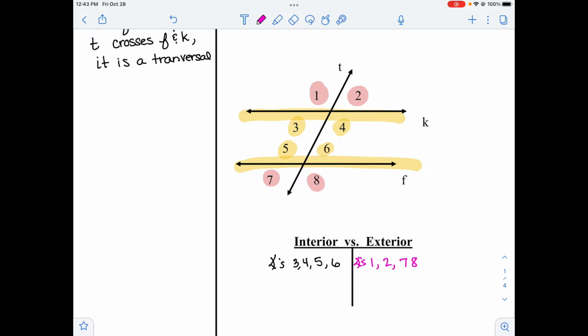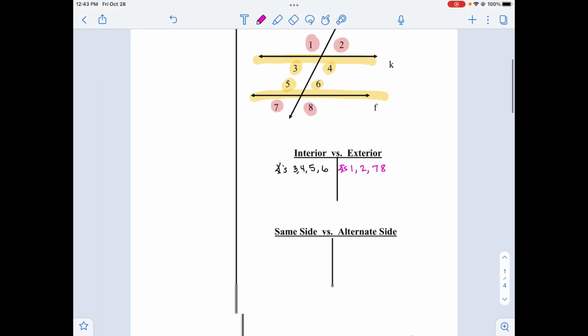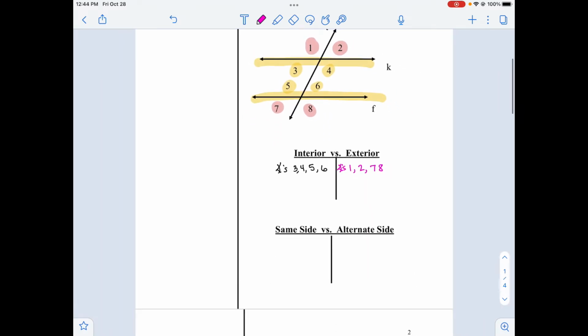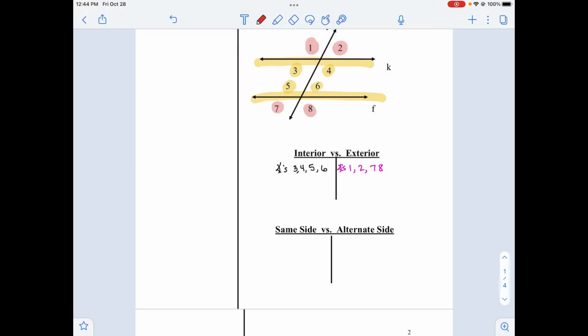Now we also have some angles that are on the same side, and we have some that are on alternate sides, and that means of the transversal. So we'll look at our next section. I'll make this a little smaller so we can see our picture still. So we want to think about what's on the same side.